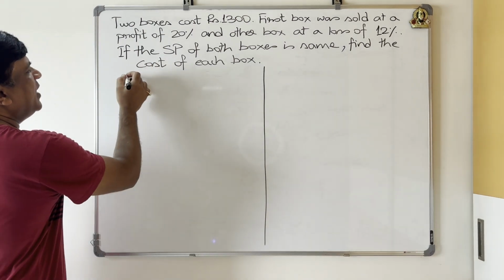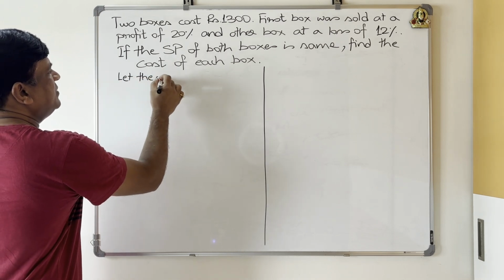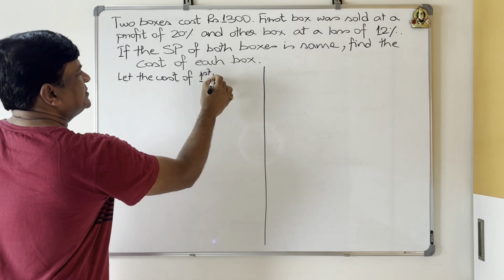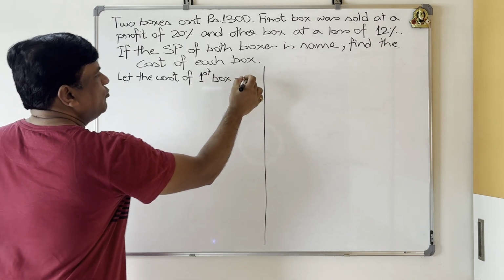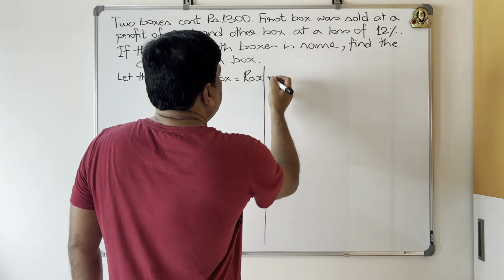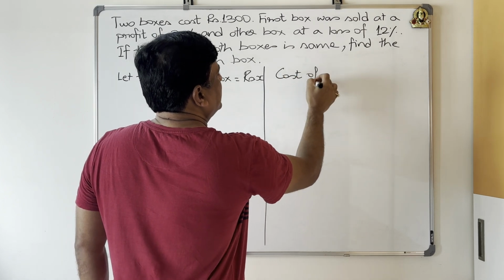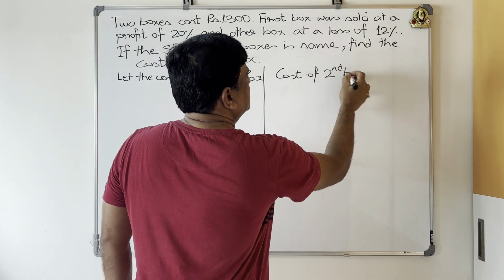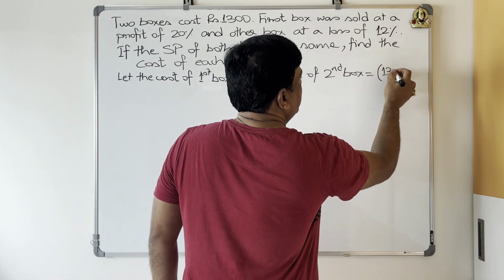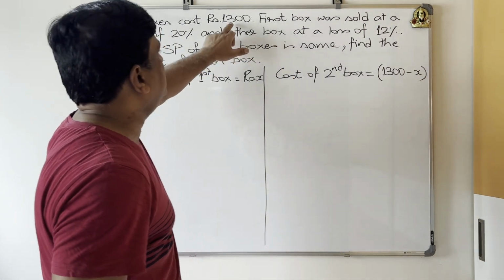In the first part, let the cost of the first box be rupees x. Naturally the cost of the second box will be 1300 minus x, because both boxes cost 1300.